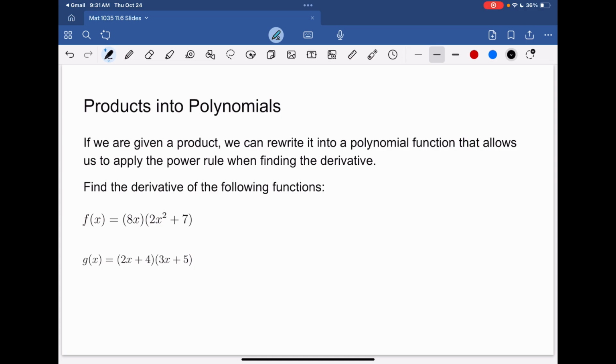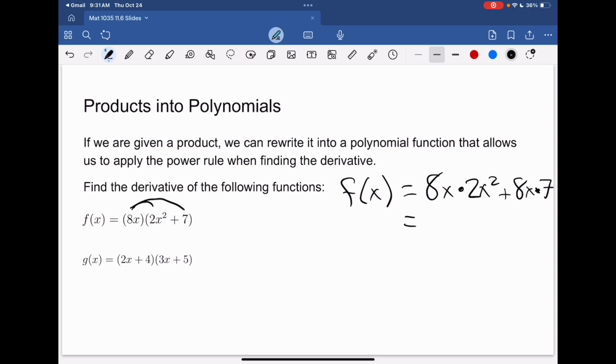I'm going to take that first one, and I'm going to distribute that 8x. So I'm going to distribute the 8x to the 2x squared, so I have 8x times 2x squared. And then I'm going to distribute the 8x times 7, just applying the distributive property there.